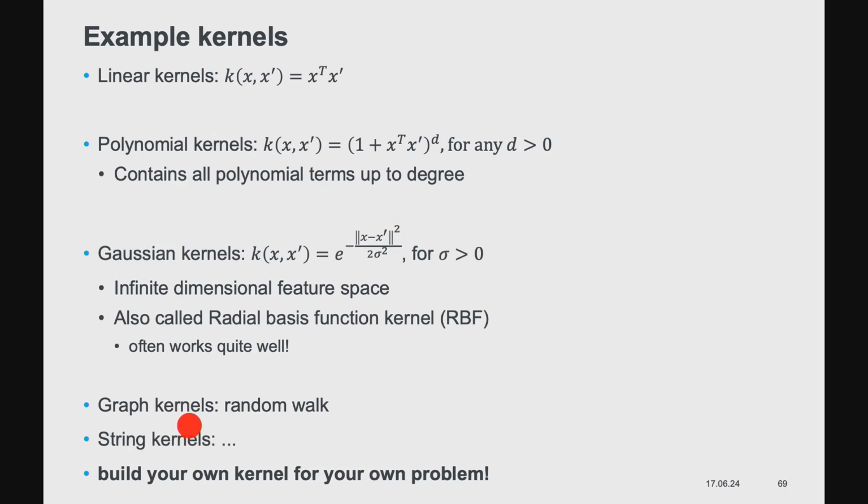There are kernels also for other structures that you cannot represent directly in a vector space. So when you look at graphs, when are two graphs similar, or when are two nodes in a graph similar? You can do random walks and then count how many nodes overlap in such a random walk. Let's say you have a graph. Now, how similar is this node to this node?